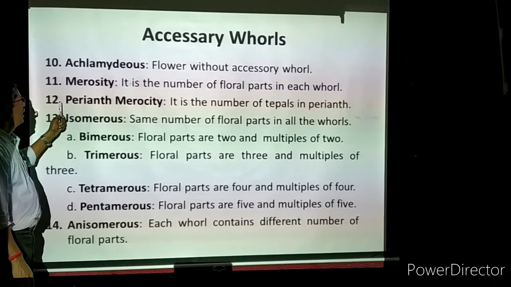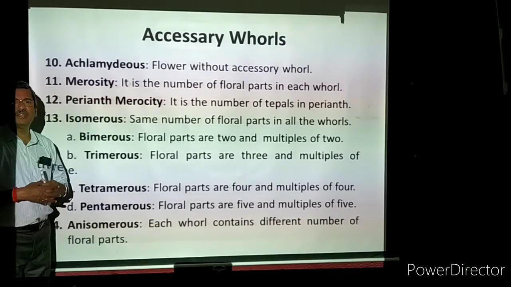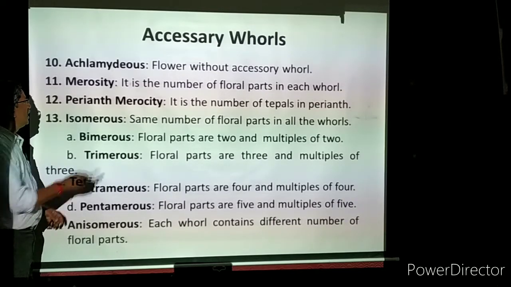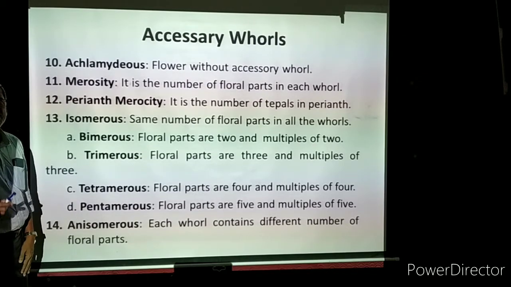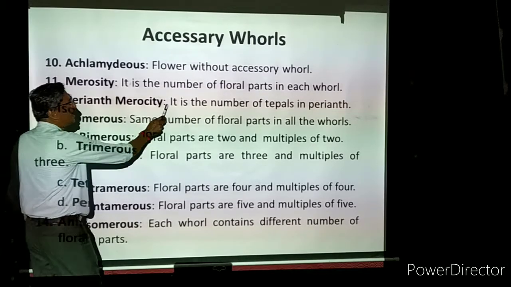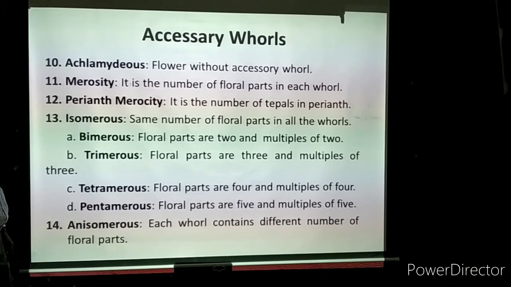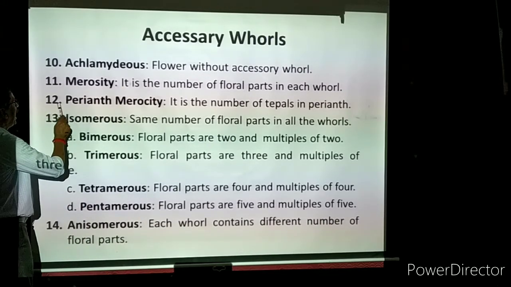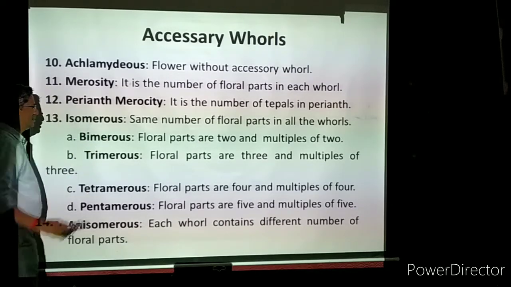Like that. Next one is perianth merosity. Perianth means undifferentiated calyx and corolla. In that, how many tepals are present, we have to say, because perianth is made up of tepals. So it is the number of tepals in the perianth. Okay. In this perianth, that is merosity, we are going to say isomerous.